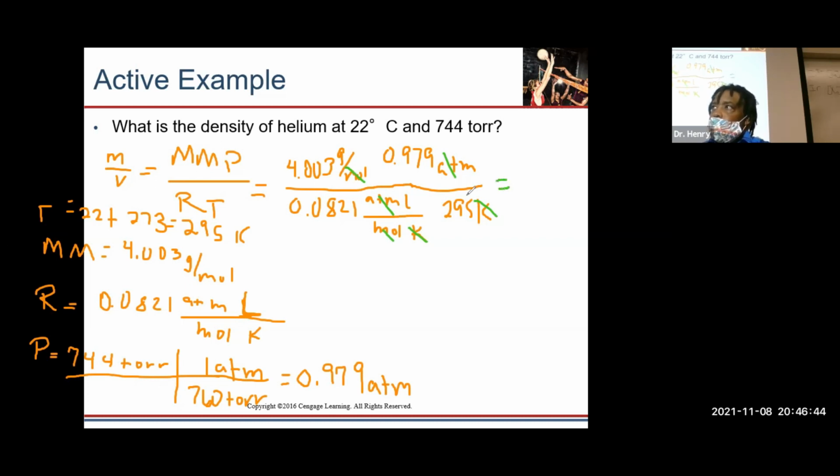So then our answer is going to be 0.12 grams per liter.